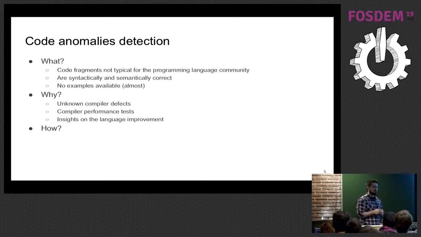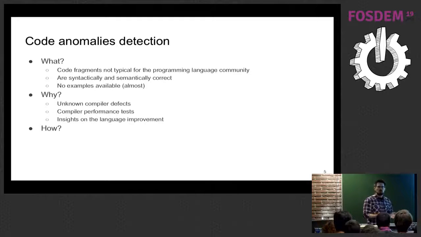And these code fragments are actually of great interest to language developers because they could show some previously unnoticed compiler bugs or highlight some compiler performance issues, or even could be used to get hints on how to improve the language further. So the informal task description that we've got from the Kotlin developer team was: take all Kotlin code in the world and bring us some weirdly looking programs.